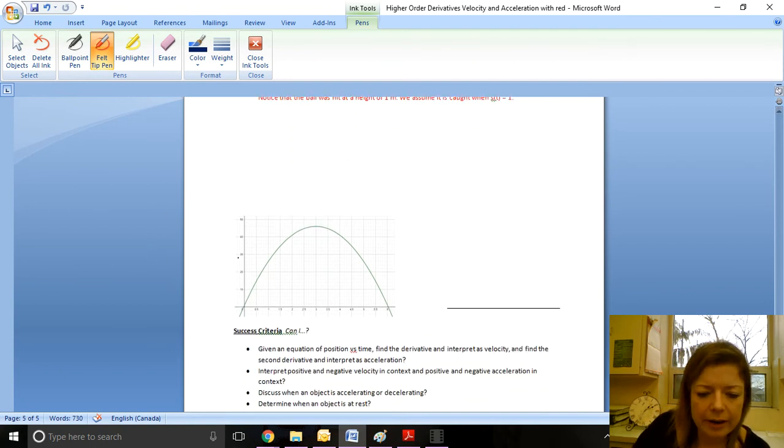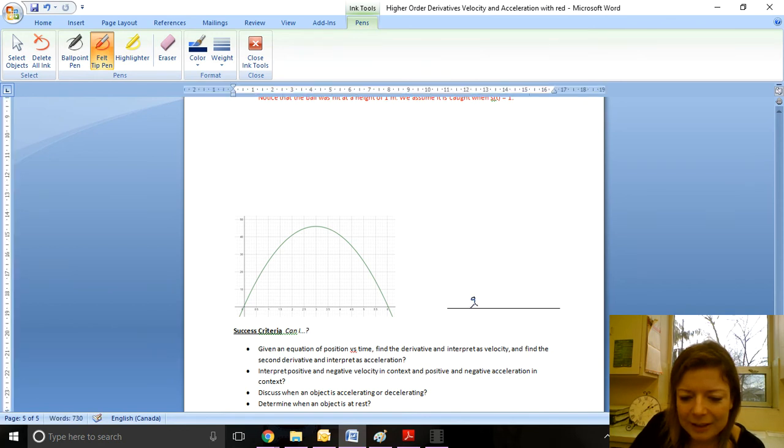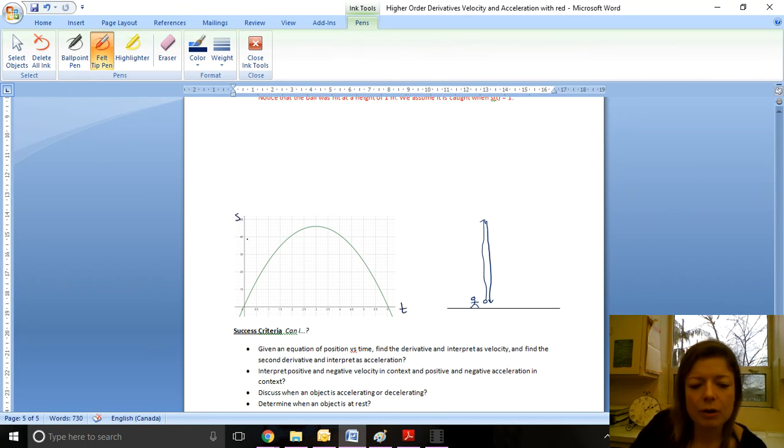So now I'm going to do a terrible drawing of a little person down here having a ball, and it's just throwing it up, and then it's going to come back down again. Okay, that is actually the picture of what's happening. The ball is just going up and going back down. So when you see this position function, we often think about, oh, they're throwing the ball in this pattern, but that's not what's happening.